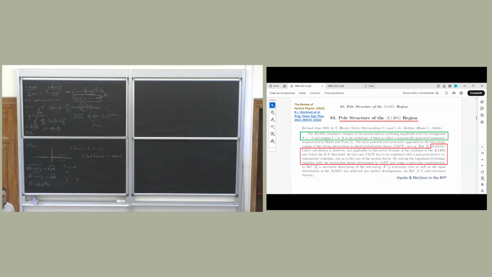So the left-hand cut comes from situations where you can put on the mass shell this exchange pion, but that cannot happen for energies above threshold. It happens for negative energies, right? It cannot happen for energies above threshold because you cannot put everything on the mass shell, right? And this is the origin of the left-hand cut. So the left-hand cut contains the dynamics. And that's all what I want to tell you about these general things.